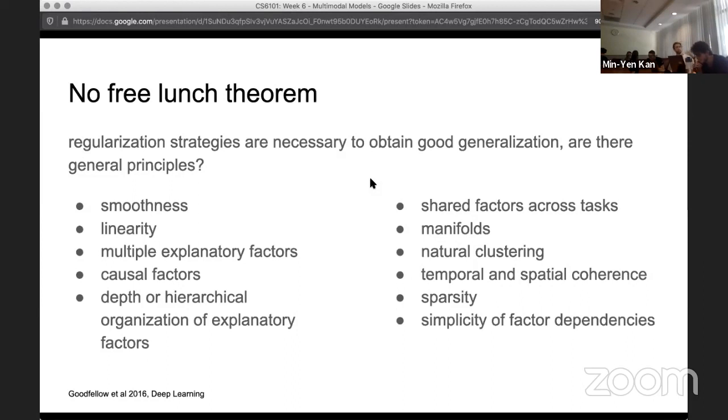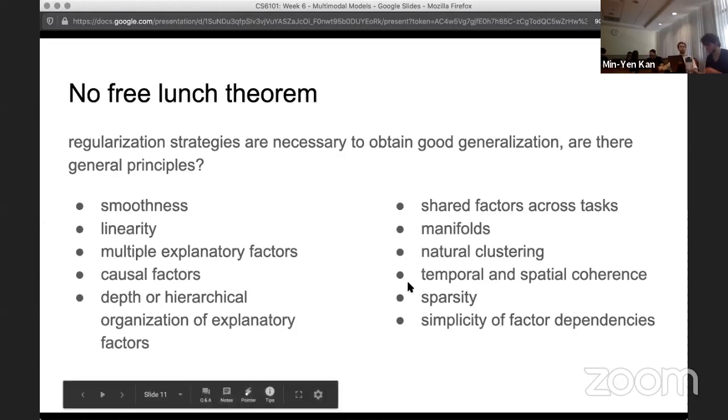You might also want hierarchical representations, because then you can represent concepts of animals as a composition of different representations. And so on and so forth. There are many other regularization techniques that you can think about.